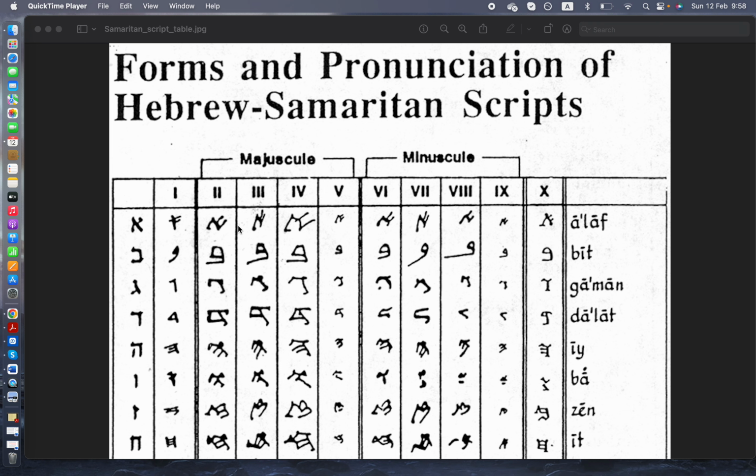But what we do get here is a very interesting reality where Judeans are switching to square letters, still using Paleo Hebrew.